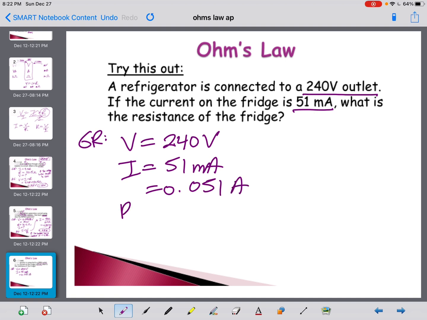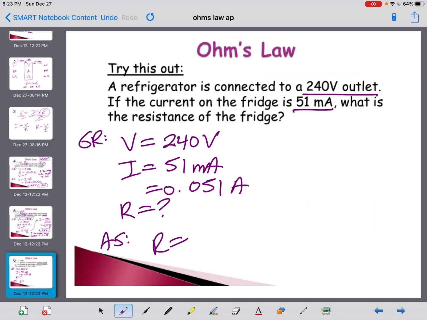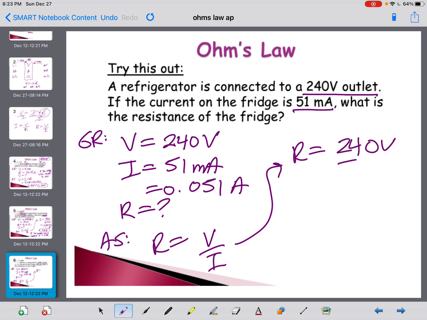And we're looking for, in this case, resistance. So resistance is equal to V over I after that is rearranged. So now we can plug in. So we have 240 volts over 0.051 amps. So 240 divided by 0.051.